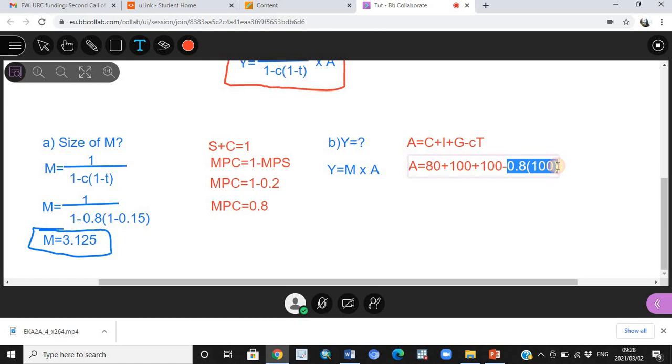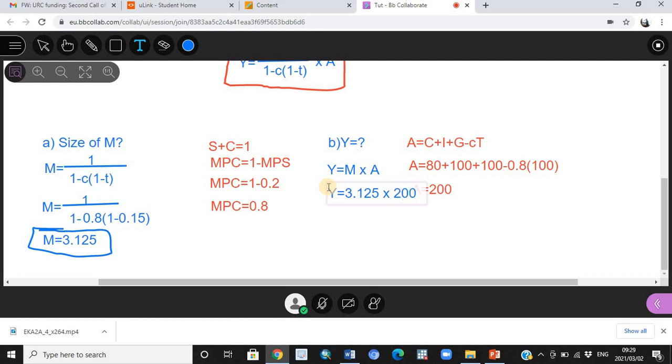So this is going to be only this portion here. 0.8 times 100 is going to be 80, if I'm not mistaken. Let me just confirm. 0.8 times 100 is going to be 80. Okay, so it's going to be minus 80 plus 80. These are symmetrics in maths. Then they cancel each other. In other words, our A is going to be 200. For that matter, then we come here and we say our equilibrium income is going to be equal to 3.125 multiplying 200.